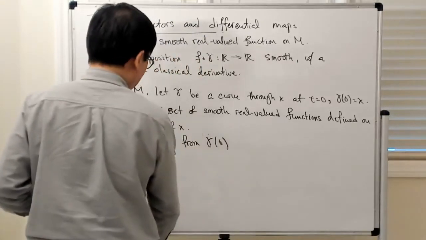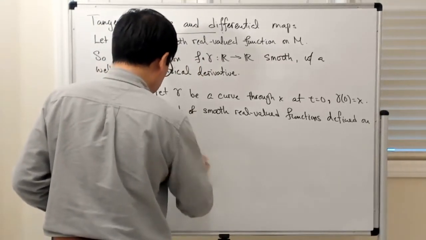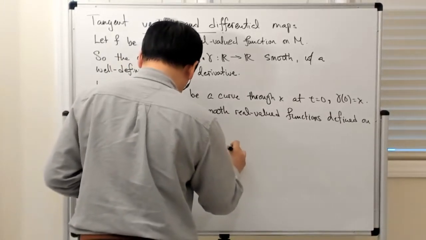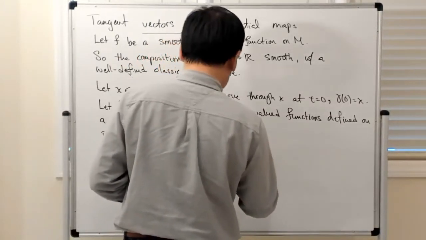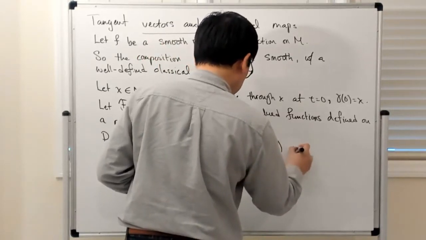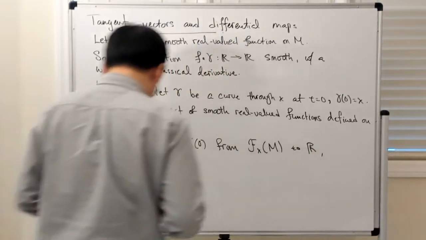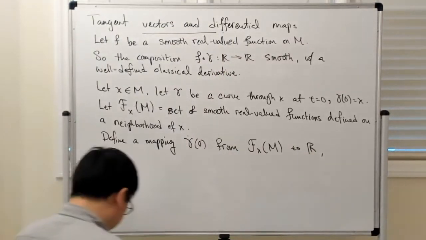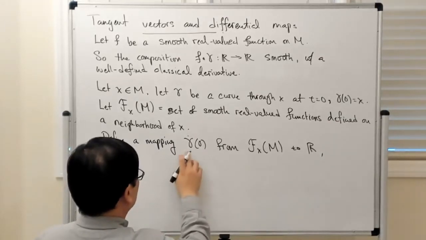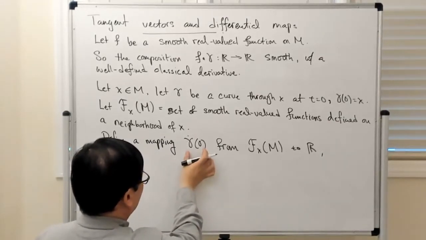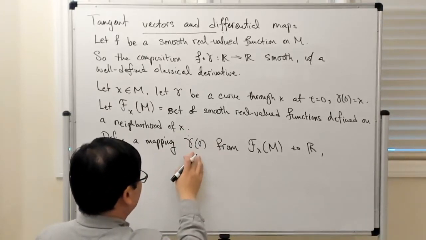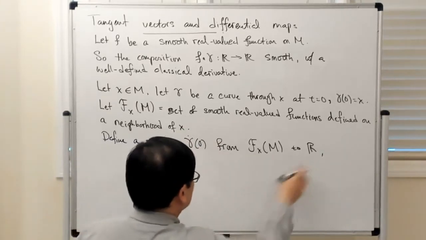I can define a mapping, gamma dot of 0, from smooth real valued functions to the reals. In essence, I'm going to formally define how this thing, which I'm going to claim is a vector, maps smooth functions to the reals.